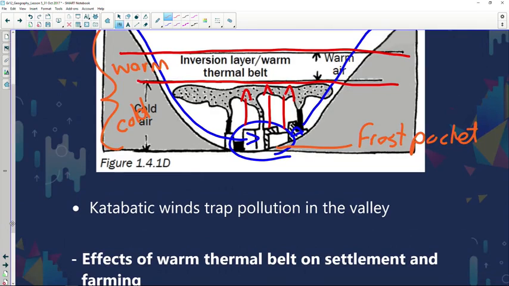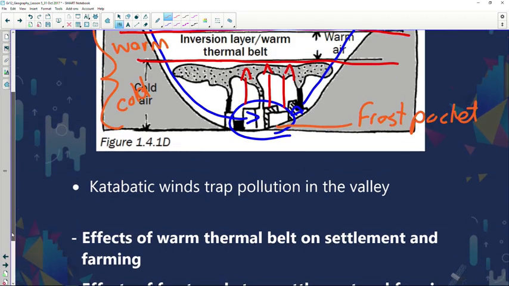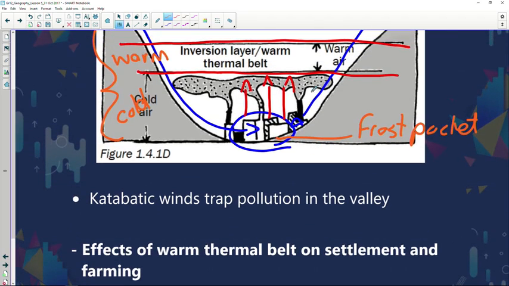Now, because of these katabatic winds, because of the inversion layer over there, all the pollution is getting trapped below the inversion layer, creating smog. Now, what is smog? It's a mixture of fog and pollution.